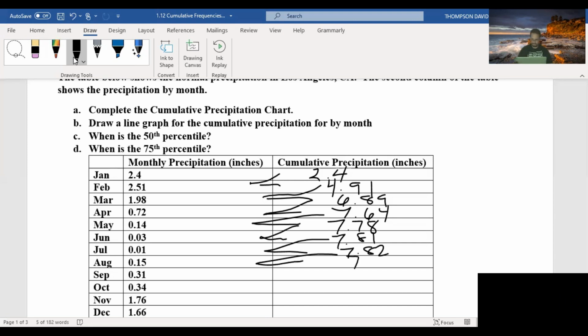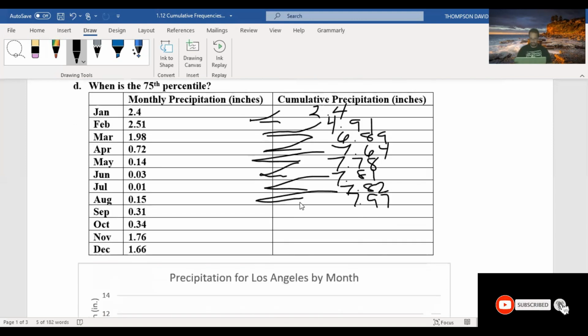We're almost done. Then we're going to add in the 0.31. And that's going to give me a total of 8.28.